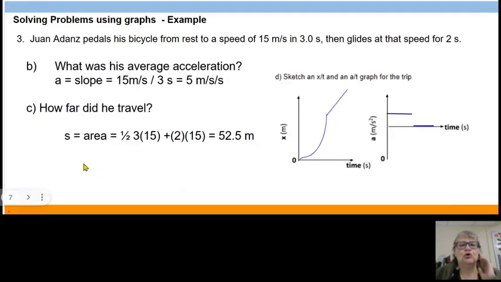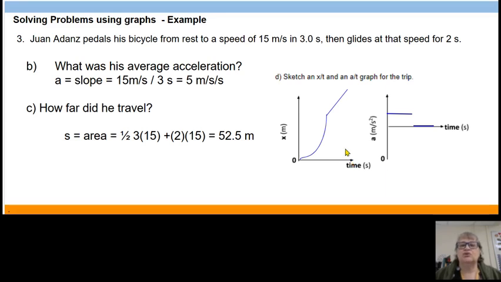Okay. So the first part is the triangle, which is 1/2 the base times the height. Then we're going to add in our rectangle, which is 2 times, this is the base, this is the height. So this is 2 times 15. And then put those together, you get 52.5 meters. So from here all the way up to here is 52.5 meters, and still in 5 seconds.